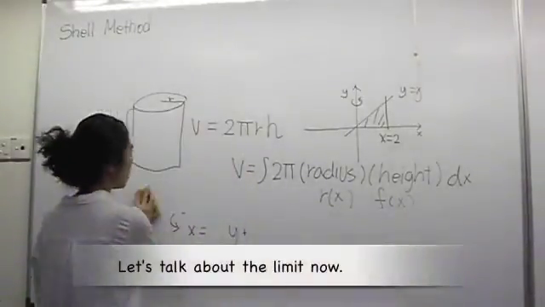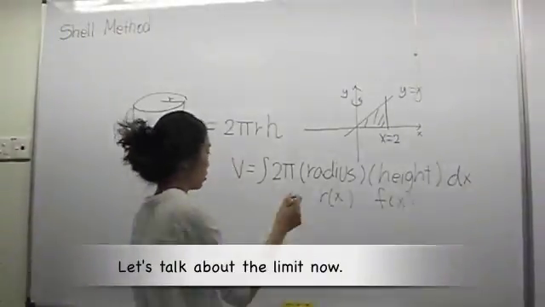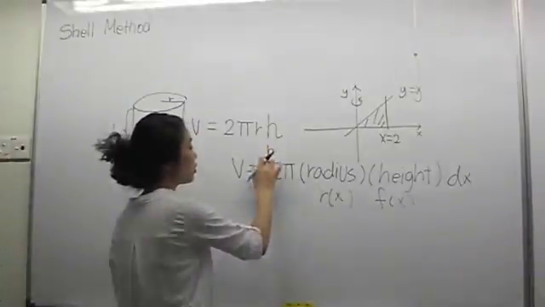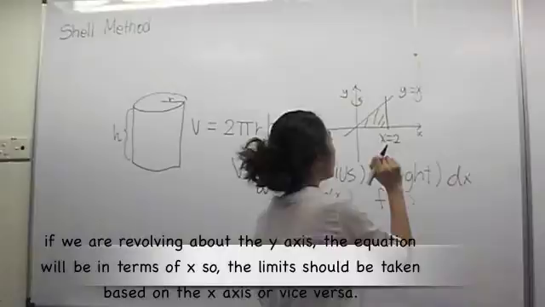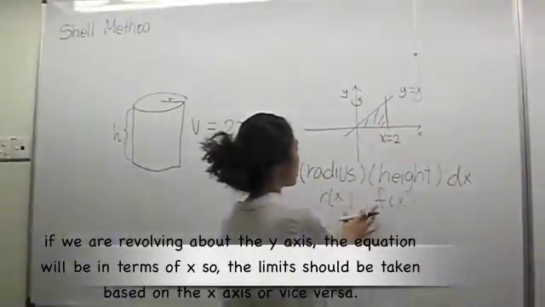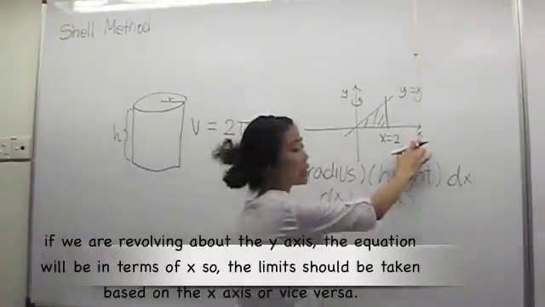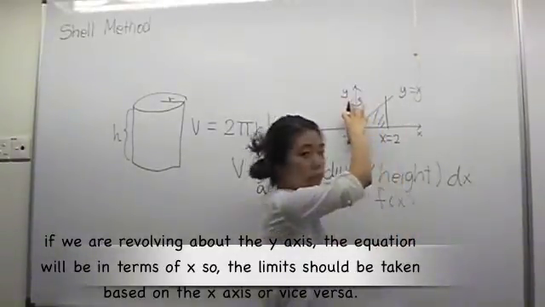Let's talk about the limit now. A to B, this will be the limit bounded. So whenever it is x values, then it's from the x-axis, and whenever it is y, it's from the y-axis.